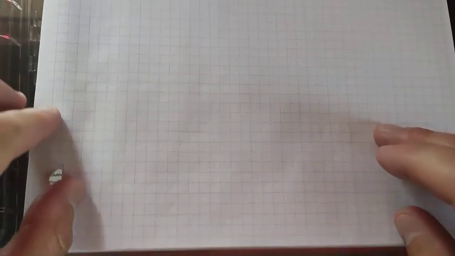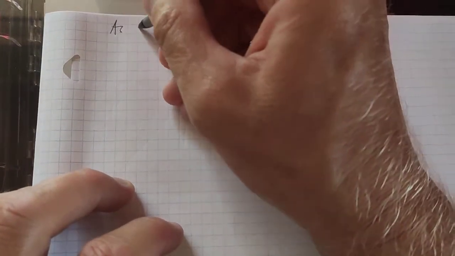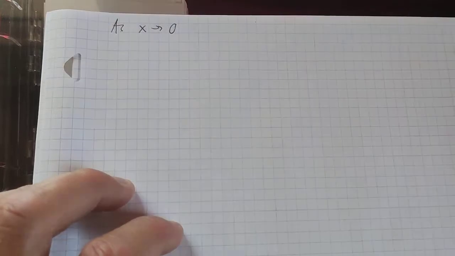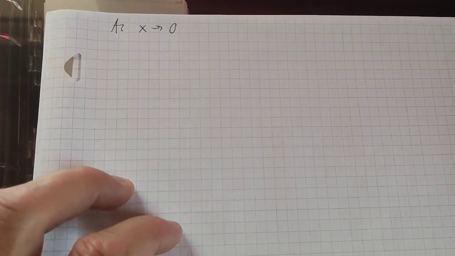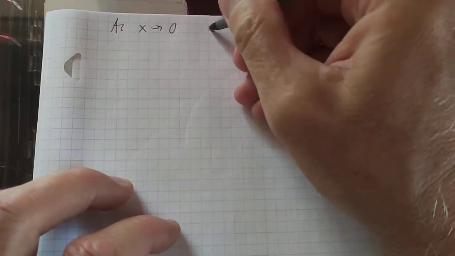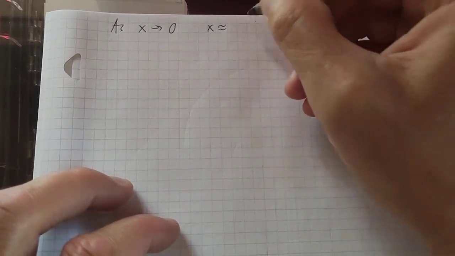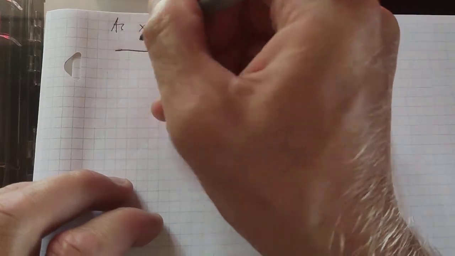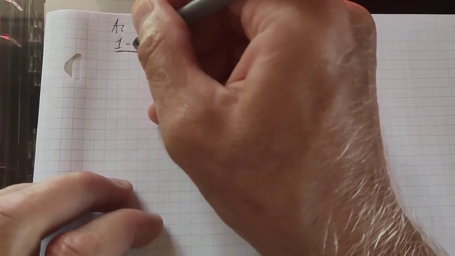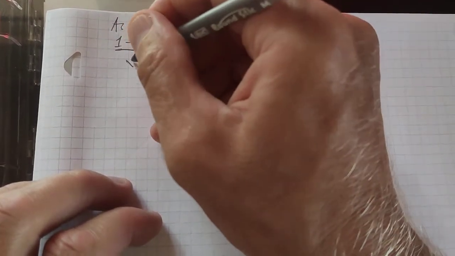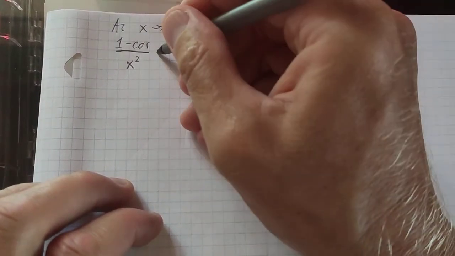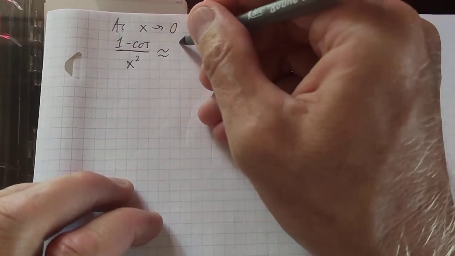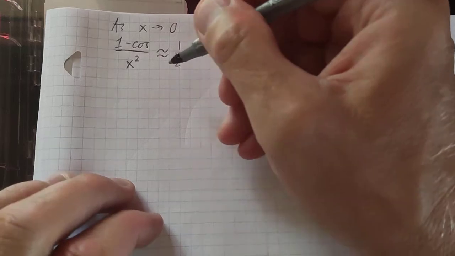So let's say that as x approaches 0, it's getting closer and closer to 0, or we can even say x is approximately 0, right? Then we could say that 1 minus cosine x over x squared is close to half.